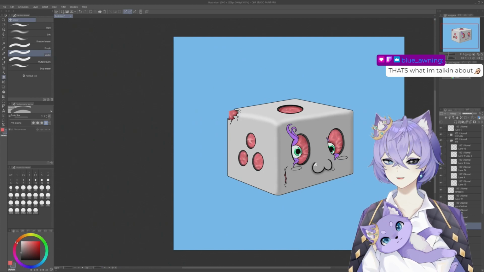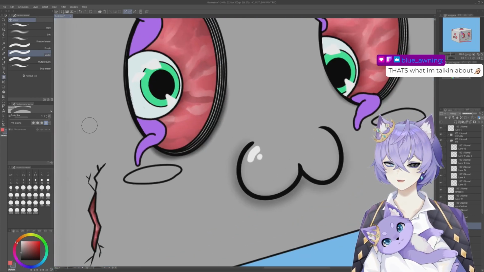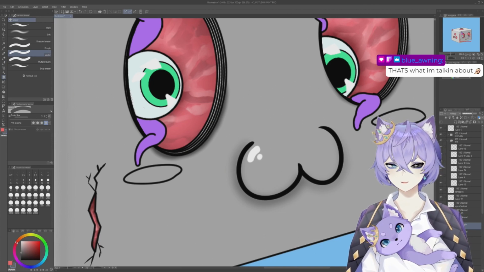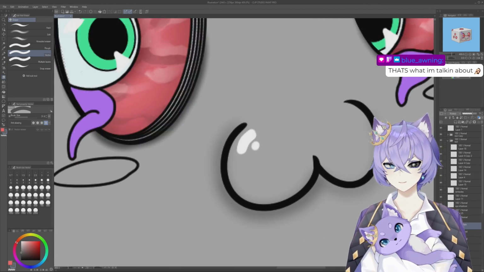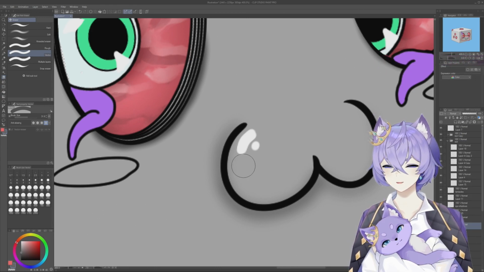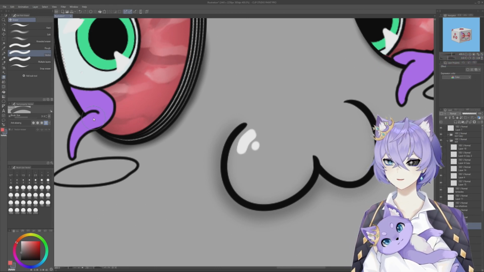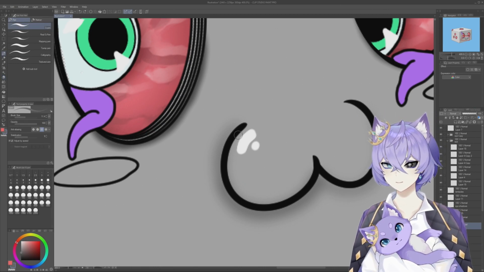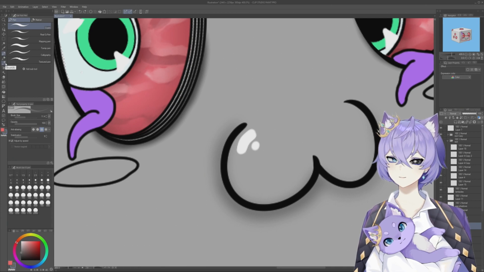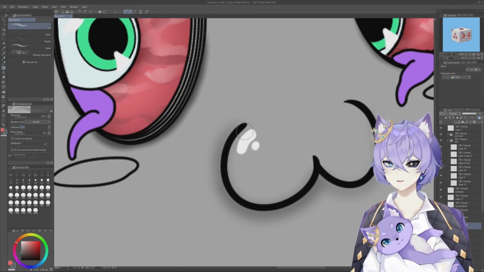Add a blur. That's what I'm talking about. Hold on. We're not done yet. And then on top of that, a new raster layer. Let's see if I need a shade in. What's that airbrush?